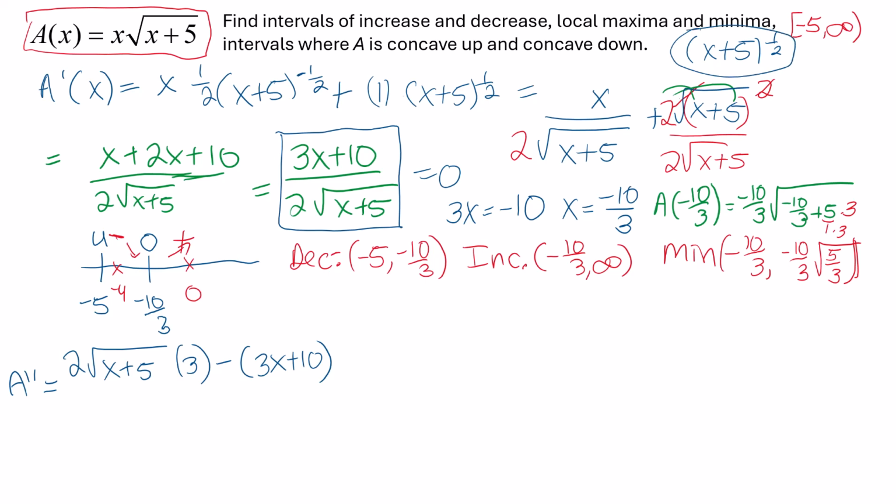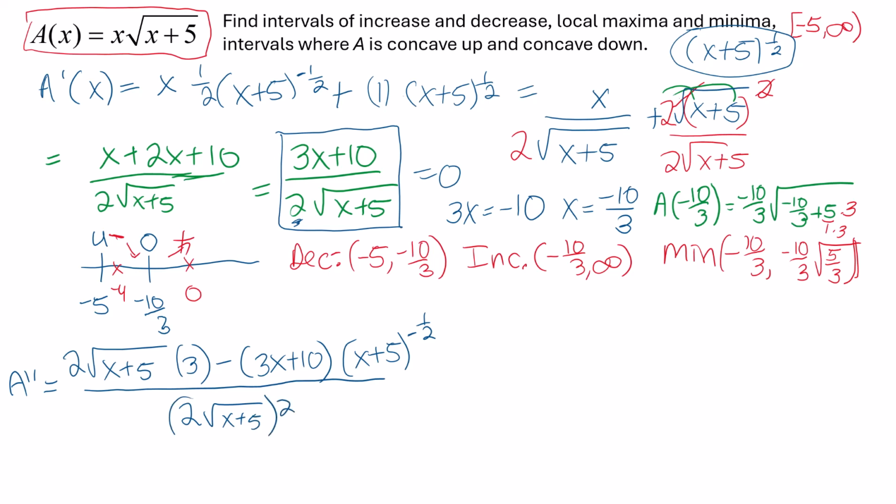So the power comes out in front, and there was actually a 2 out there, so they'll cancel, and then decrease the power by 1. So this is going to be x plus 5 to the -1/2. I'm then thinking of the chain rule, but it's a 1. So we're in the middle of the quotient rule. There's our bottom times the derivative of the top minus top times the derivative of the bottom. So now it's all over the bottom, which was 2 square roots of x plus 5 squared.